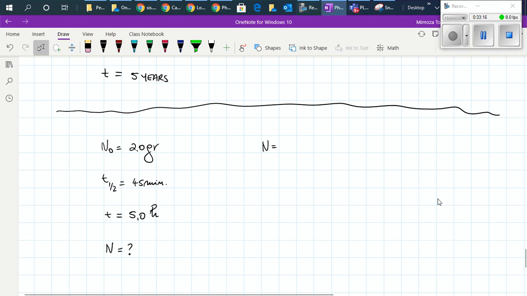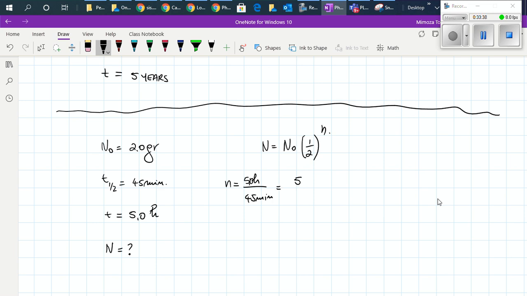So N is equal to N0 times 1 over 2 to the power of n. Let's find the number of half-lives in the time that we are looking at. So we will have 5 hours over 45 minutes. As I said, it is important to have them in the same units, doesn't matter which, as long as they are the same so that you can cancel them out.